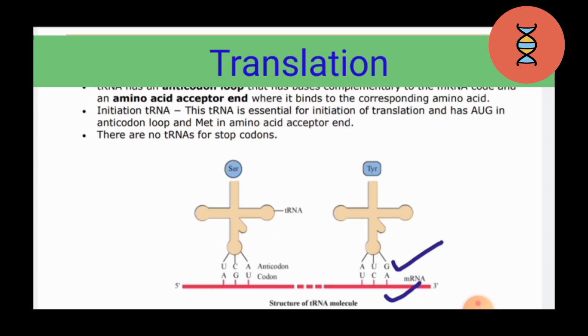I repeat, at the amino acyl arm, the 3' OH end of tRNA, at the amino acyl site, one amino acid comes and joins. Later during translation, it is added to the growing polypeptide chain.